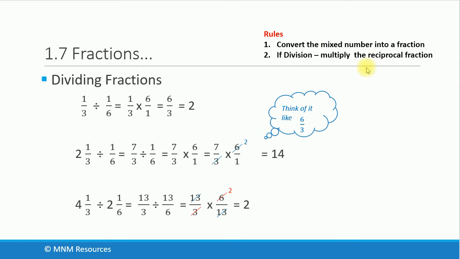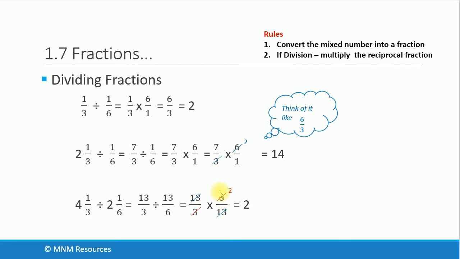Now we need to multiply the first fraction by the reciprocal of your second fraction. So 13 by 6 becomes 6 by 13, and you multiply that with your first fraction. Now let's try and simplify before we multiply these two fractions. So we know that 6 and 3 are both divisible by 3.